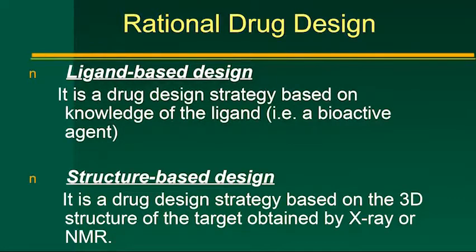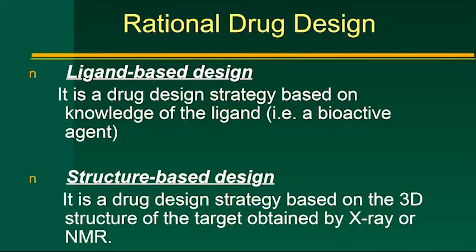Now, the second approach is structure-based design, which is a strategy based on the 3D structure of the targeted protein or the target itself, and this can be obtained by X-ray or by solution NMR.